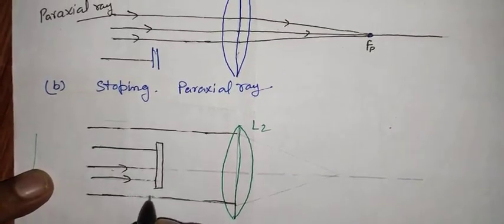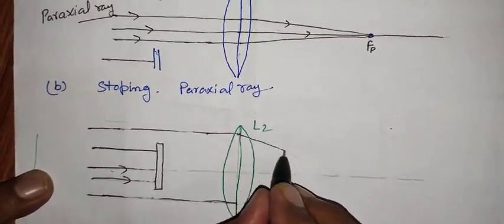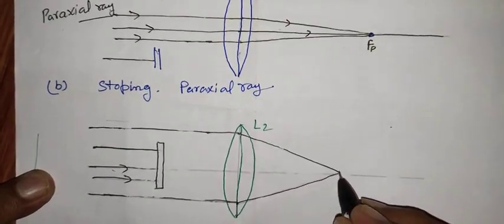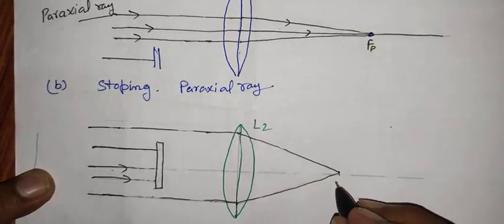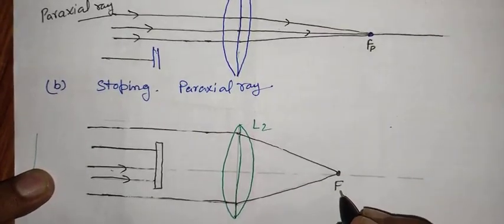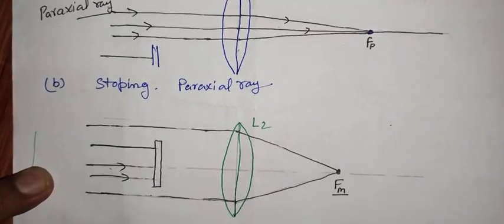These marginal rays converge, meeting at a common point. This point is the focus of marginal rays, FM.